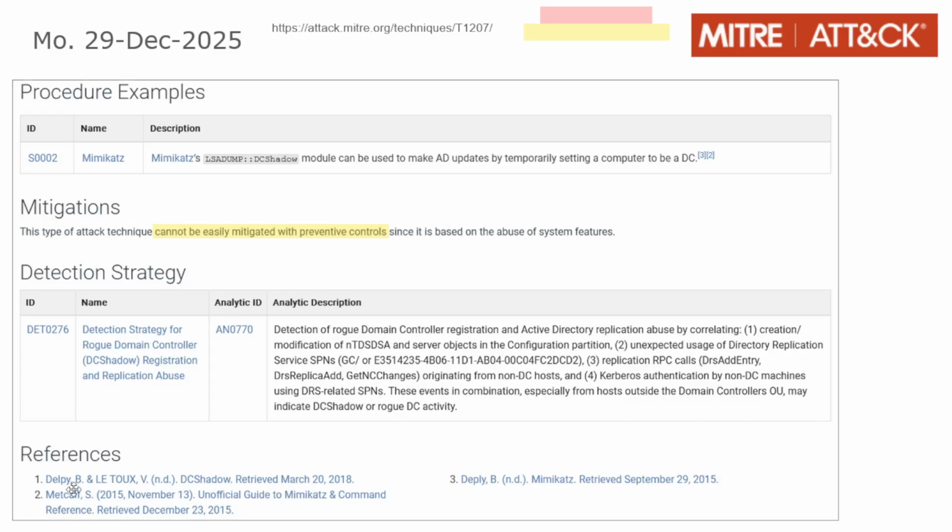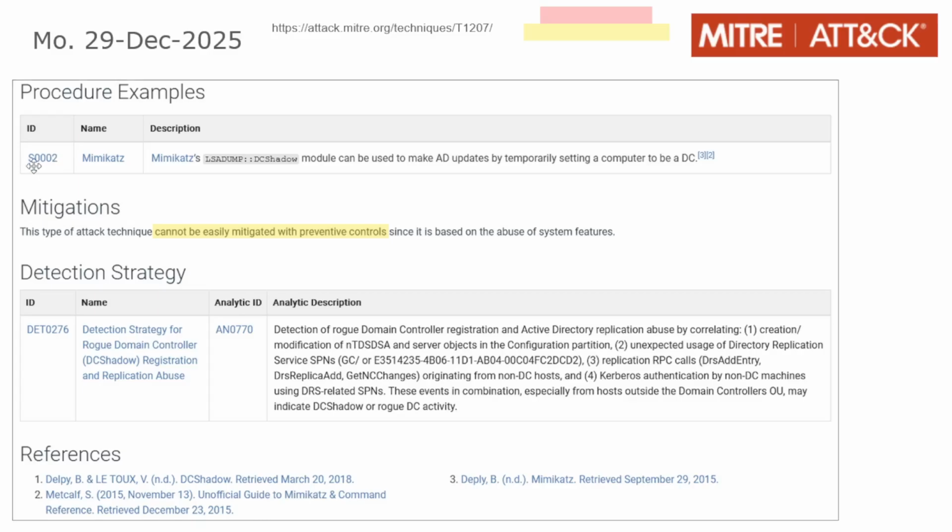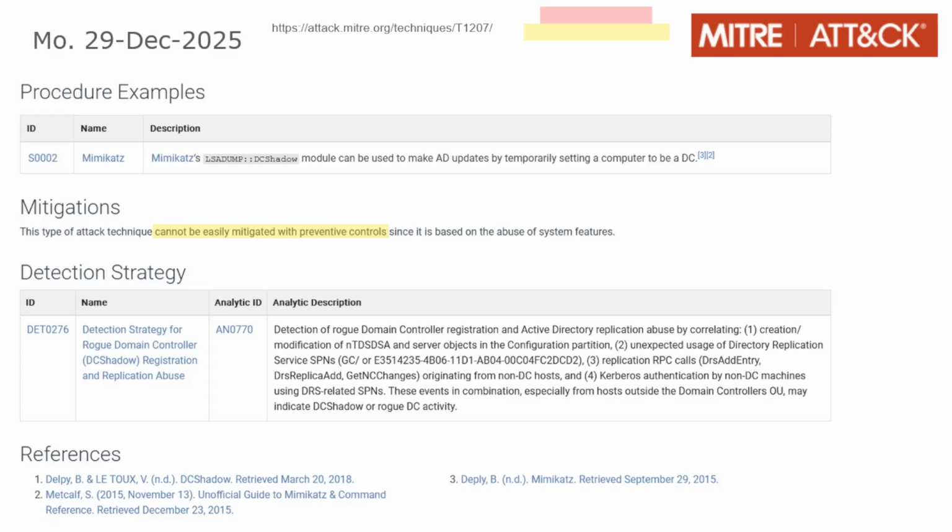References, a little bit weak. Three references on something like that, I don't know. Also here I miss a group that used that, or a campaign that used that. We just have the tool. So in the rogue domain controller, there's some room for improvement, I feel.